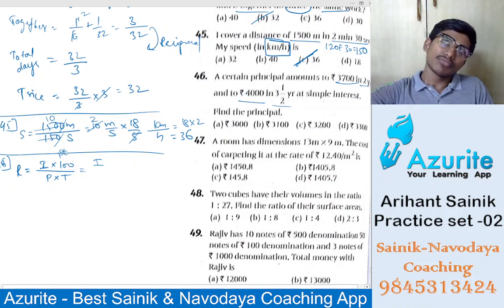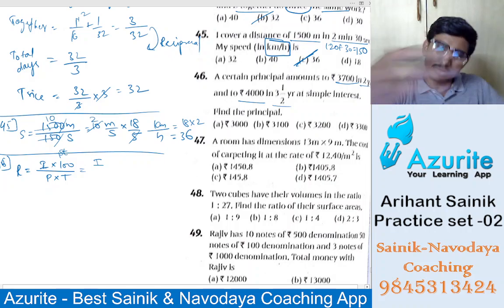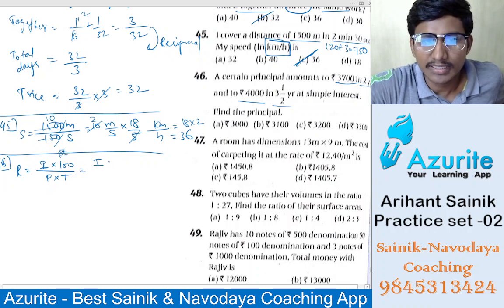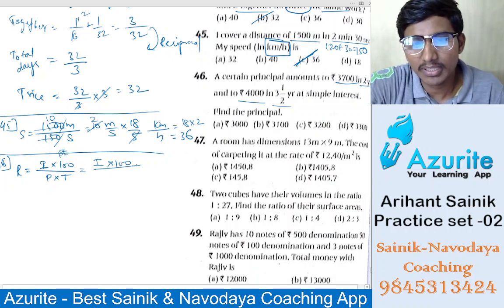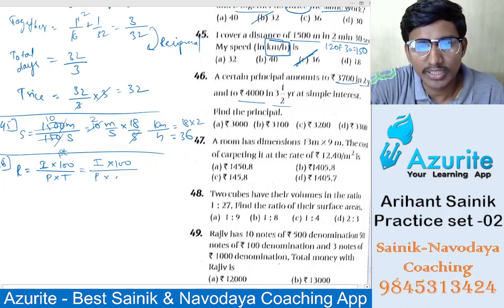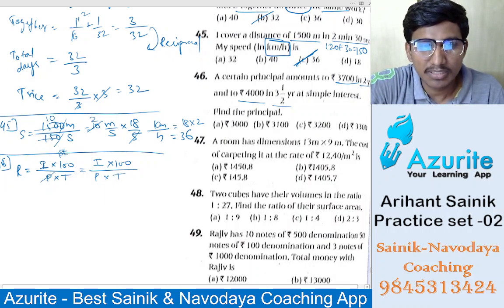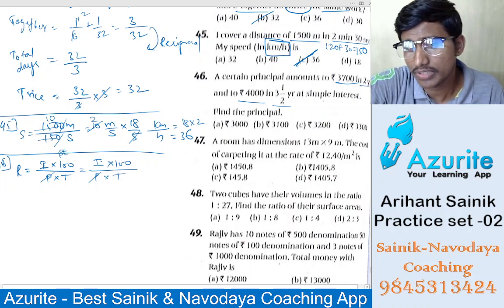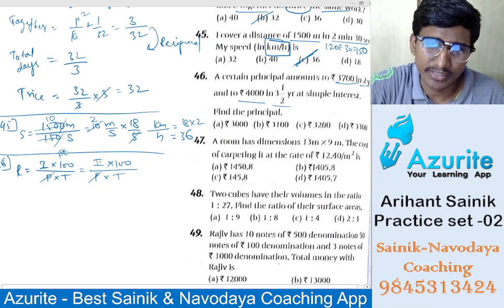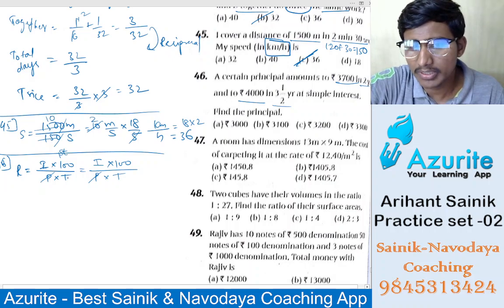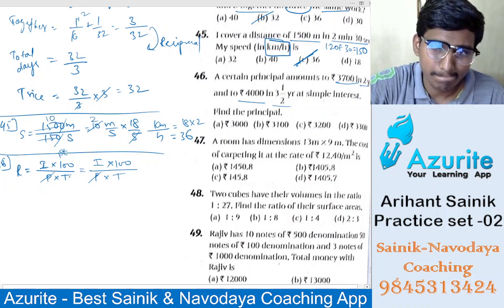Amount means we have to do a long process. We go with options only. So here interest into 100 divided by principal into time. Principal cancels here. Time is different, so we cannot cancel the interest here. So here we can cross multiply now.